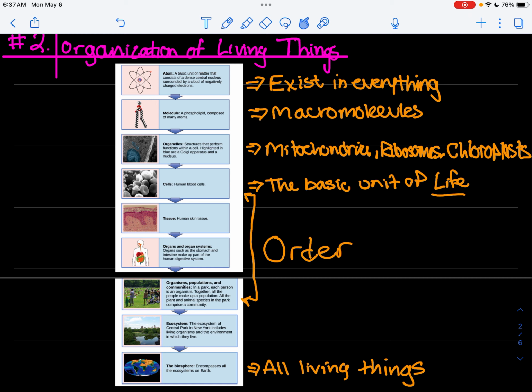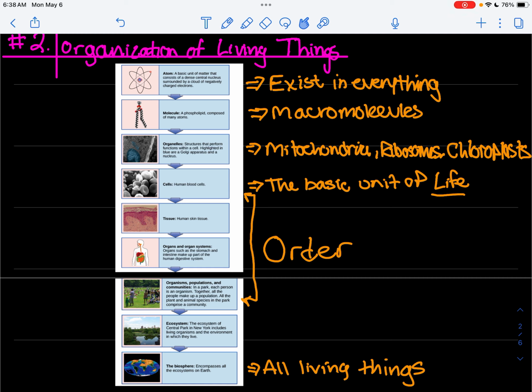the biosphere. The memorization of these things is normally not very important, but what you need to know is it goes from really small to really big, and there are fields of biology that study all of these things, right? And chemistry studies atoms, of course. Biology can also study atoms and molecules.